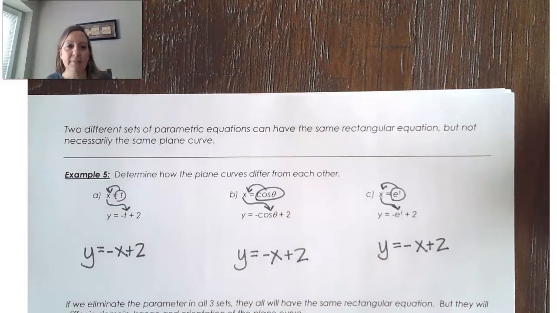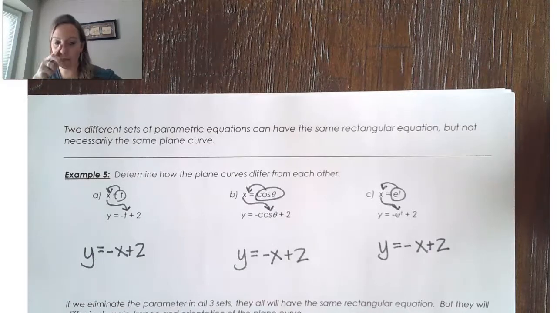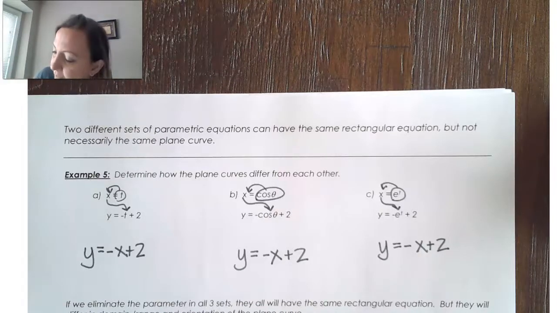So they have the same rectangular equation, but they're going to differ a little because of the restrictions on the original functions.